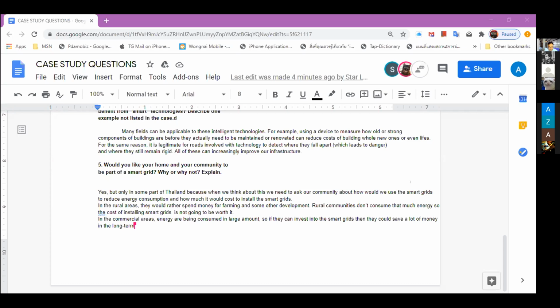A lot of people would rather spend that money on other things like more development or more farming equipment, or more appliances that save energy in the long run. I can imagine that it would be very beneficial for places in urban areas because they use a lot of electricity. But the general idea is that it depends on the area and how developed it is, whether we want to install it in our community and whether it's going to be suitable for our community or not.